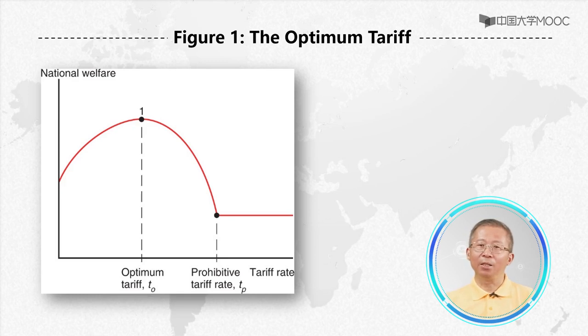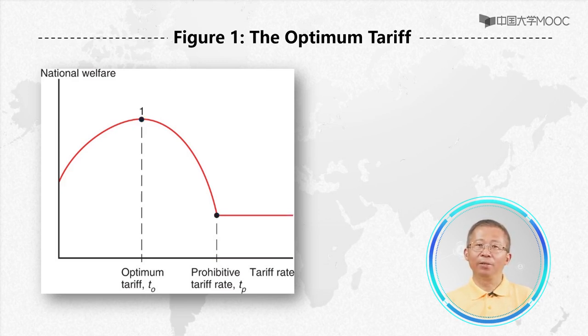A tariff rate that completely prohibited trade, TP in figure 1, leaves the country worse off than with free trade. Further increases in the tariff rate beyond TP have no effect, so the curve flattens out.